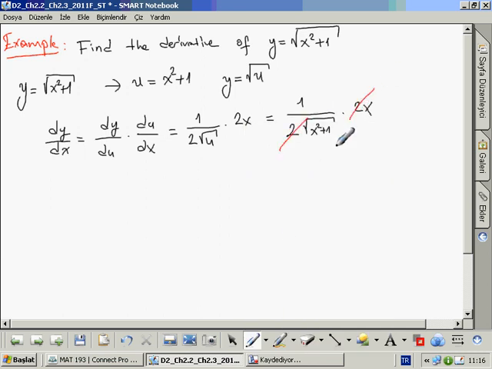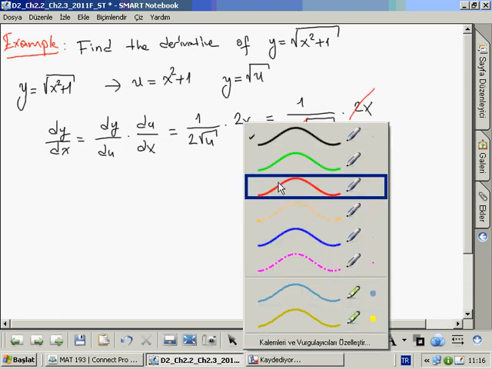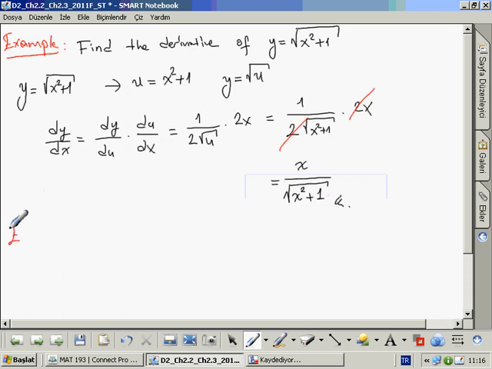The 2 will be cancelled, and it is equal to x over square root of x squared plus 1, which is the derivative of the square root of x squared plus 1.